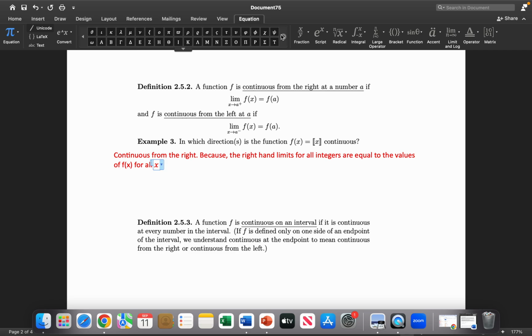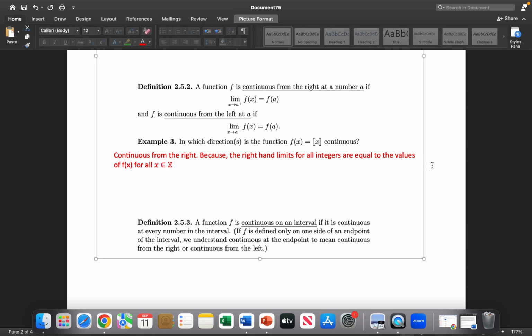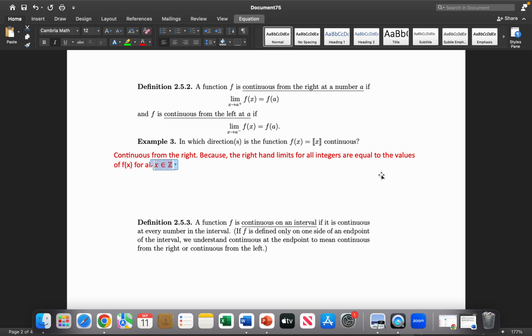So where's my symbol? For all x in the set of integers. Oh, there it is. So for all x values in the integers, the right-hand limits agree with f of x.